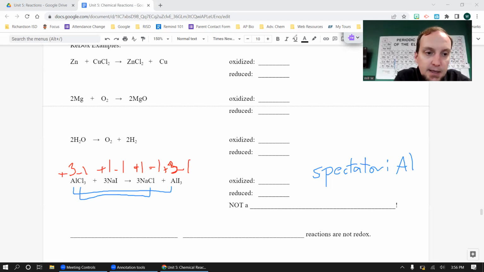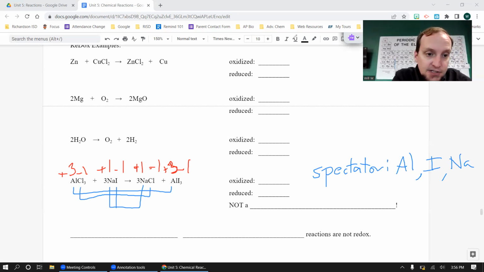Chlorine is going from a -1 to a -1. Interesting. Okay, well, it's not doing anything either. So let's go ahead and add that to our list of spectators. All right, well, let's move on. Sodium to sodium, it's going from a +1 to a +1. Okay, this is getting weird. So that's not doing anything either. So let's add sodium to our spectators.